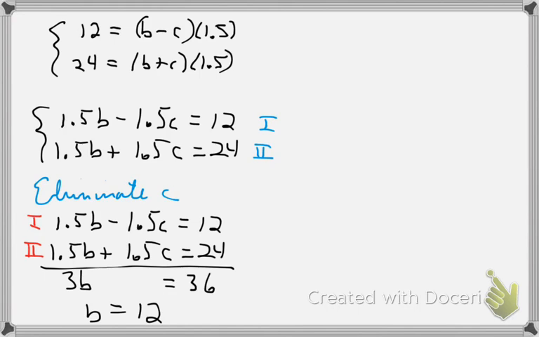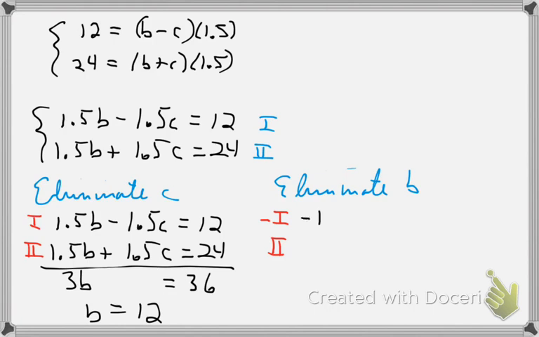I could back substitute, or I could just eliminate B. How would I eliminate B? Minus. Yeah, keep the second one as is and just do -1 times the first one. Or, I mean, you could do -1 times the second one. Whatever floats your boat.